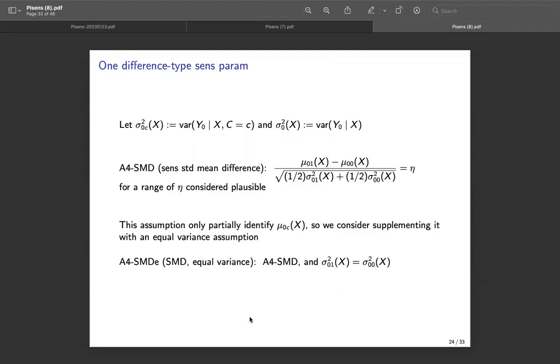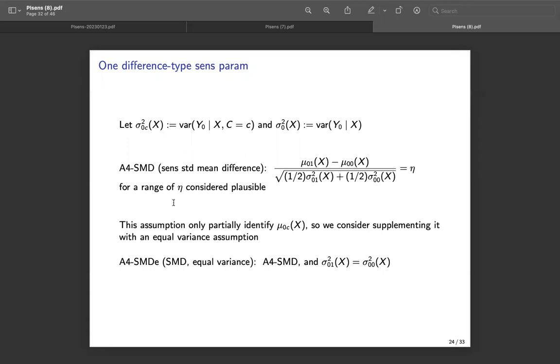Okay. So in addition to those ratio type sensitivity parameters, there may be situations where you say, I'm not sure if the difference is on sort of a ratio scale like that. Maybe I'm more comfortable thinking about it on a difference scale. And so here we use a difference type sensitivity parameter. Just a little bit of additional notation, let sigma squared 0c be the variance of Y0 given X within principal stratum, and sigma 0 squared X without C denote the variance of Y0 given X ignoring stratum.